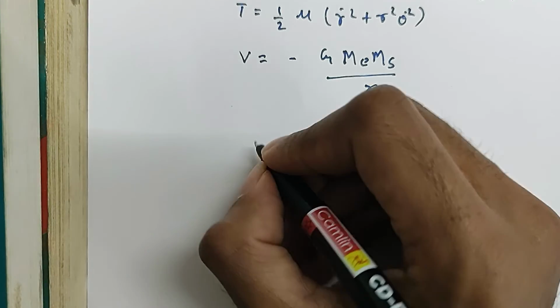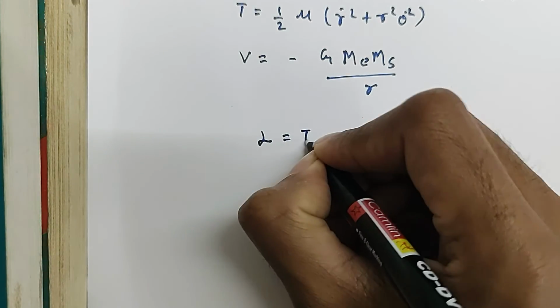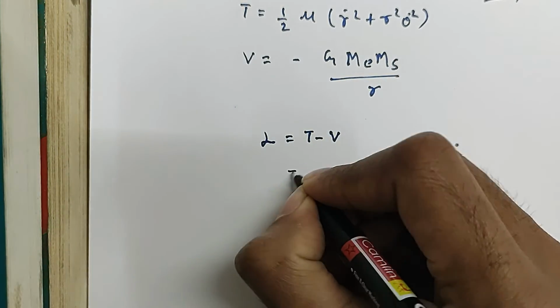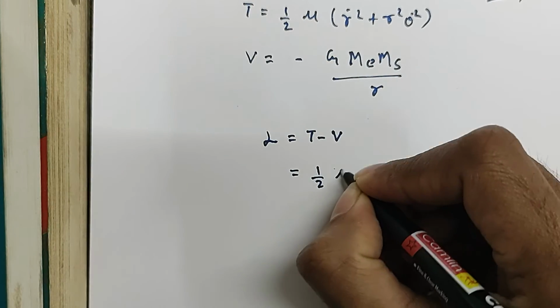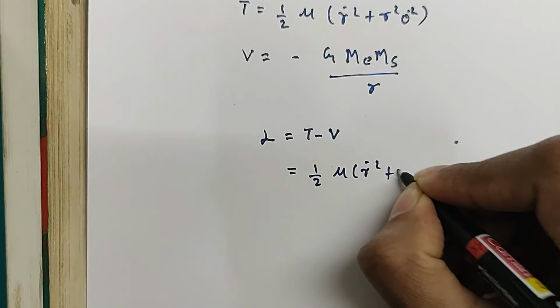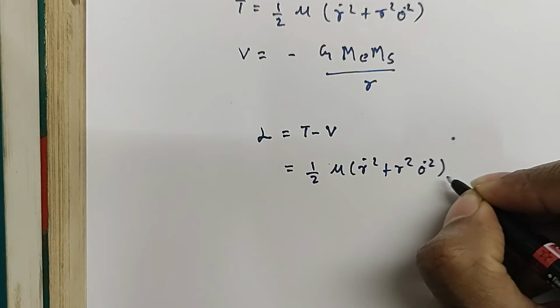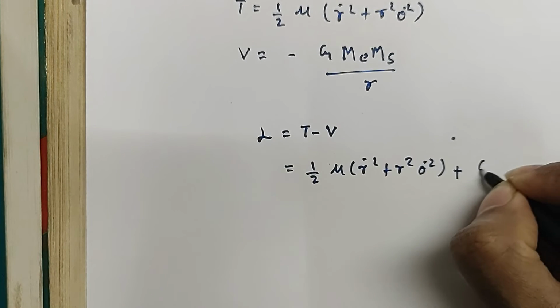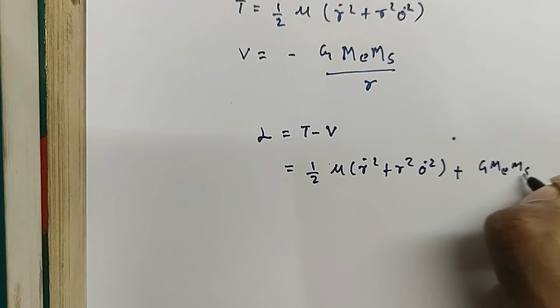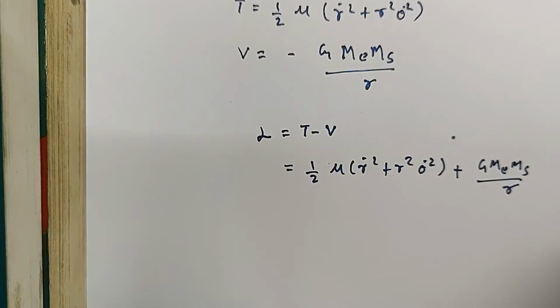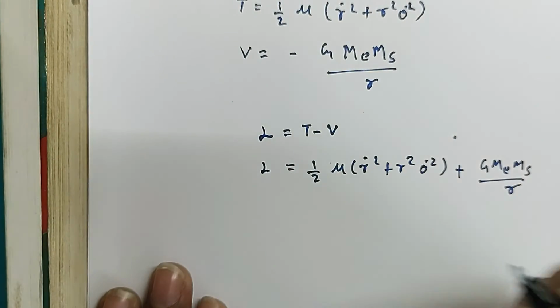Now, how do we define the Lagrangian? We define the Lagrangian as T minus V. So we substitute the above equation: half mu times r dot square plus r square theta dot square, plus G m_e m_s upon r. So this is my Lagrangian.